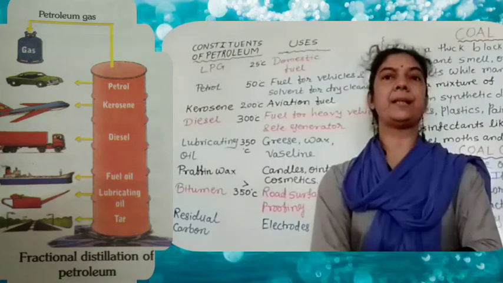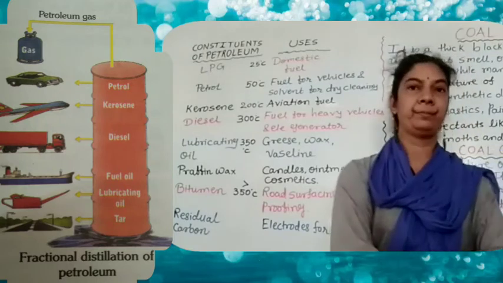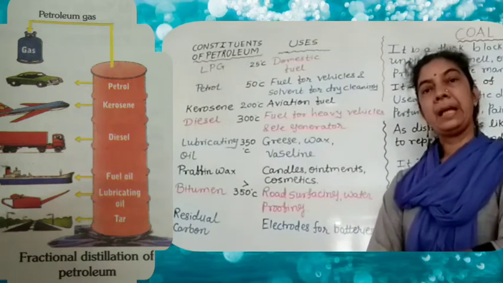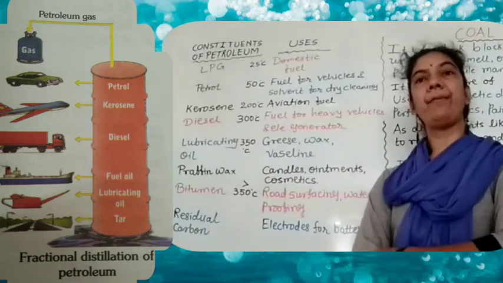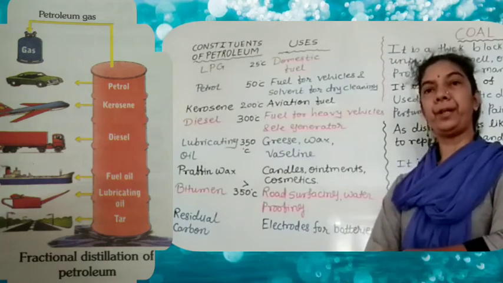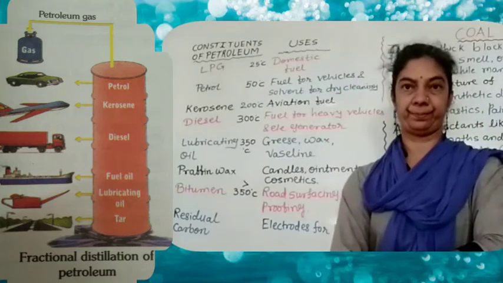As it rises high, the fractionating column is reducing the temperature, and this column is having a temperature between 350 degrees Celsius to 25 degrees Celsius.